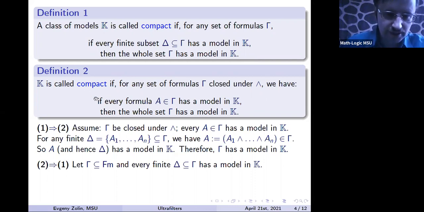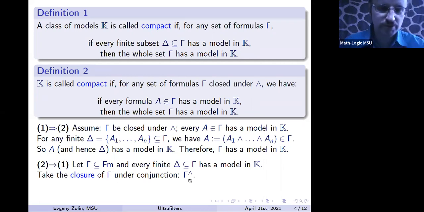From 2 to 1, how can we do it? So here we talk about sets closed under conjunction, and here about arbitrary sets. So let us take an arbitrary set, any set gamma, and take a finite subset delta that has a model. How can we use definition 2? We don't have a set of formulas closed under conjunction, but we can take a new set of formulas, the closure of gamma under conjunction.